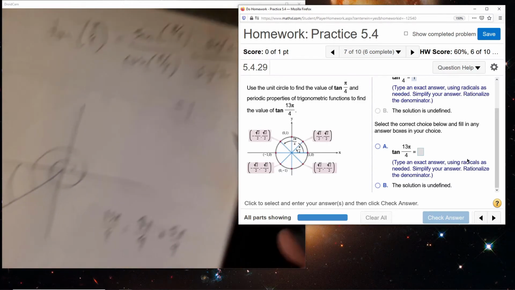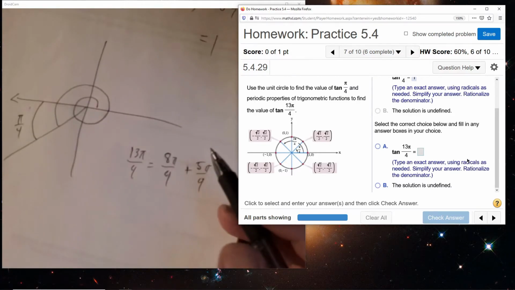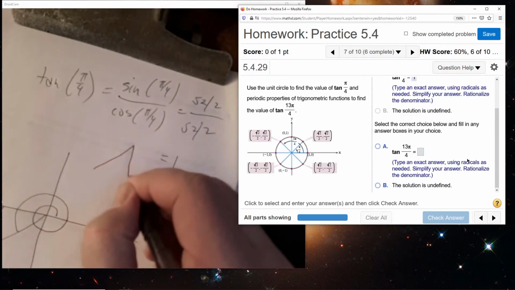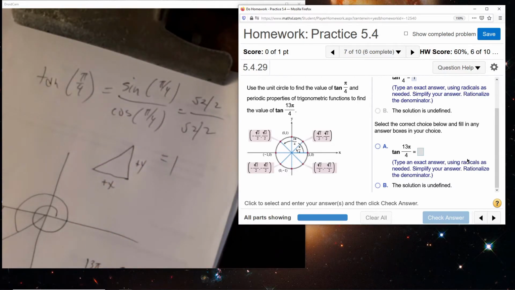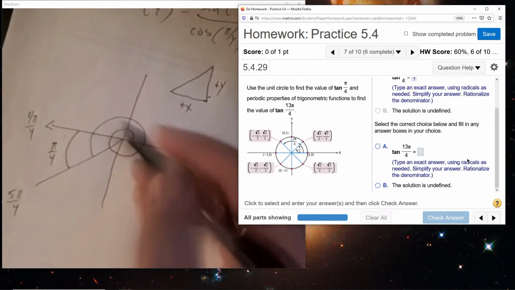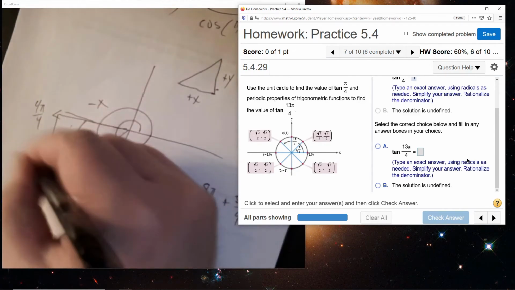And we just did tangent pi over 4. It's 1. Now remember, the reference angle is always dealing with positive x and positive y. The reference angle is always dealing with positive numbers. Now, if we look at our picture, though, you see we have a negative x and we have a negative y.